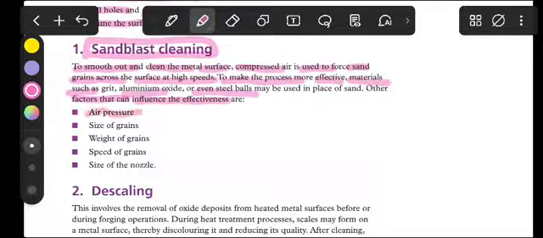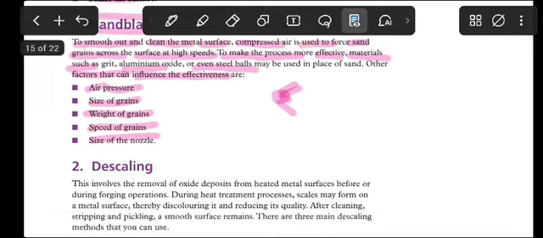They can ask factors that can influence the effectiveness of blasting cleaning: air pressure, size of grain, weight of grains, speed of nozzle. You will see the nozzle when we see about that thing.